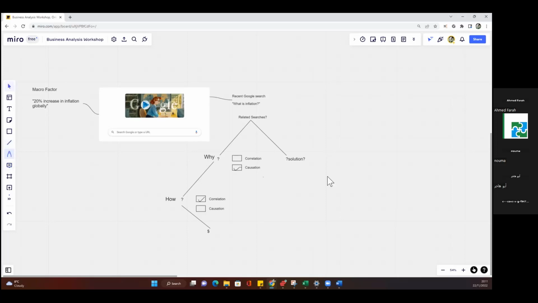Basically, you need to understand how the data relates to each other in order to come up with a solution to a problem, or to come up with something that you can sell to a business.